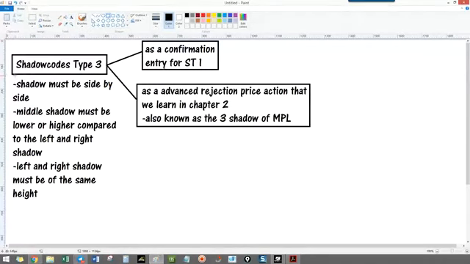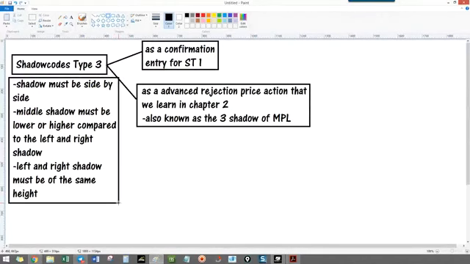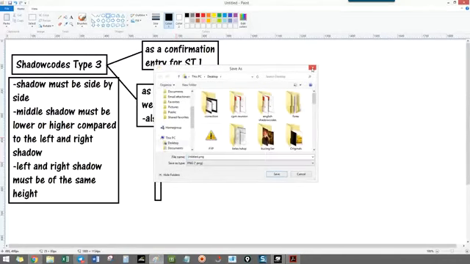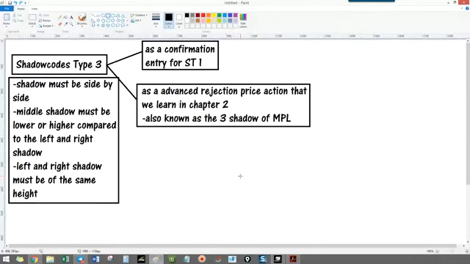So here is the description. Not the description, the criteria for ST3. Okay, so how does ST3 look like? I think this one I need to write something here.